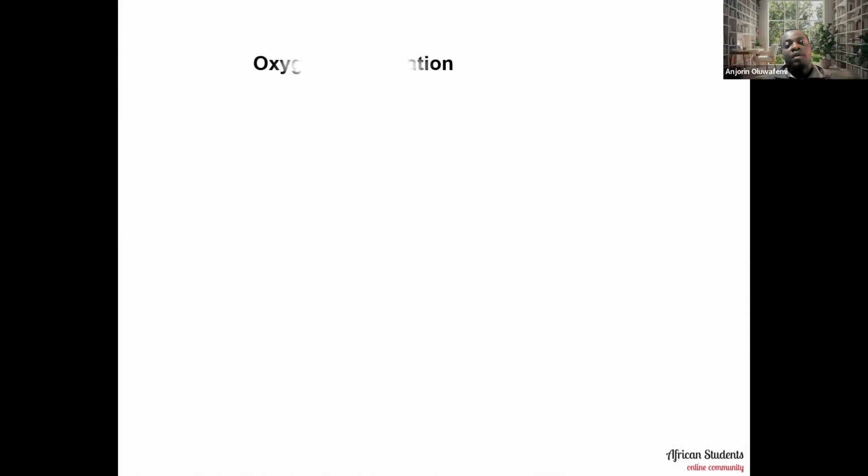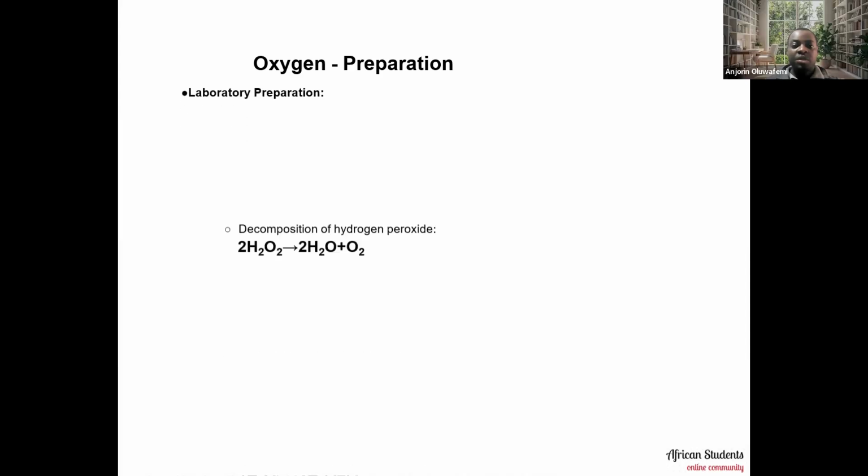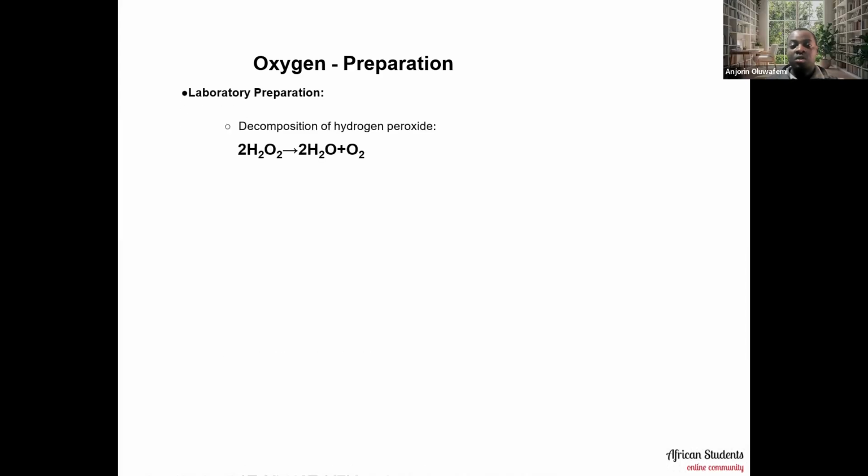Okay, so we move along now and we look at oxygen, and we talk about the preparation of oxygen. Oxygen in the laboratory is prepared by the decomposition of hydrogen peroxide, just like what you can see.